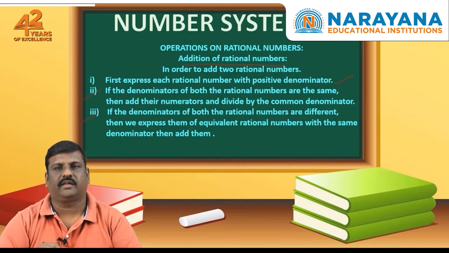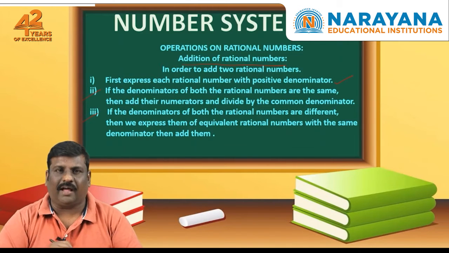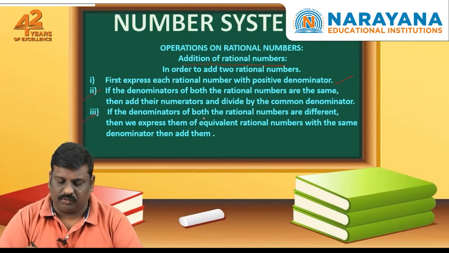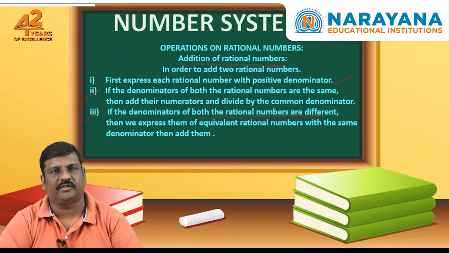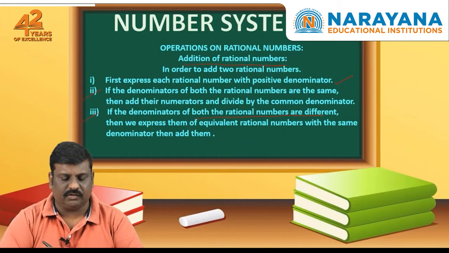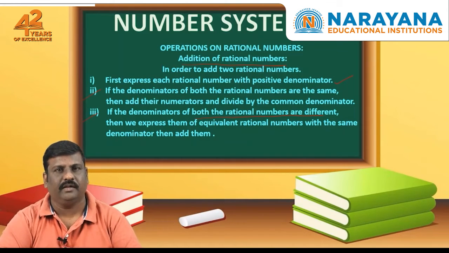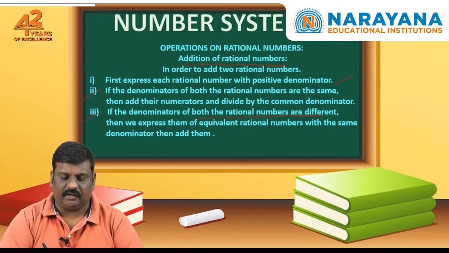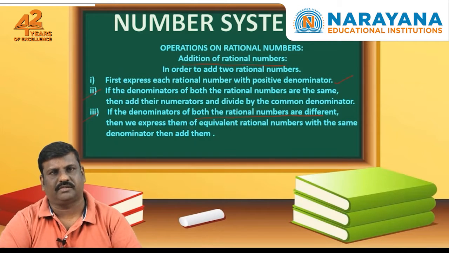That means for unlike fractions, whose denominators are different, both are converted into like fractions, then we add the numerators directly. So these are the steps to follow to add two rational numbers.